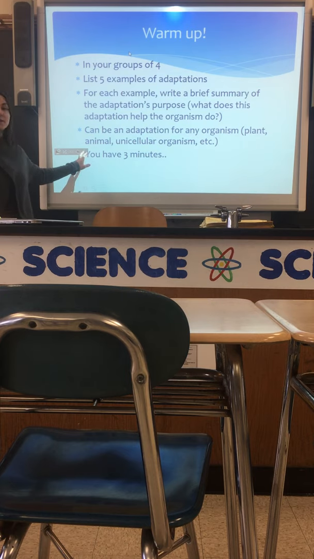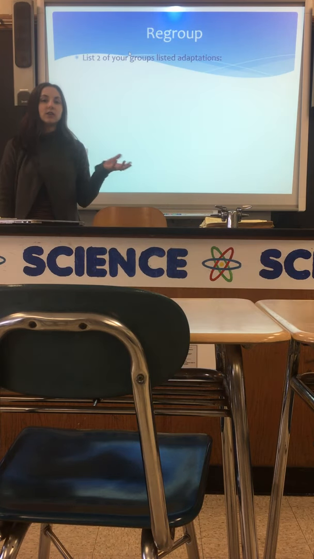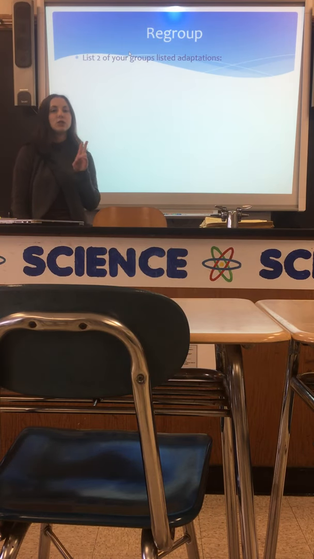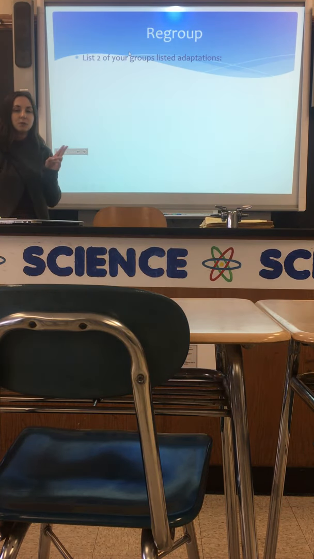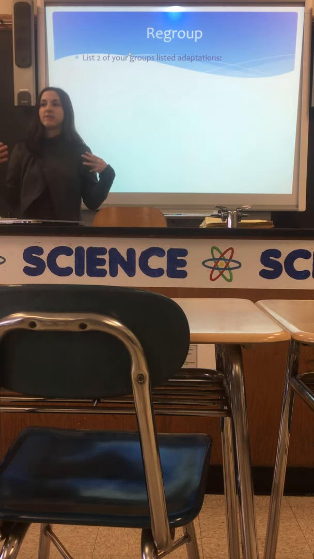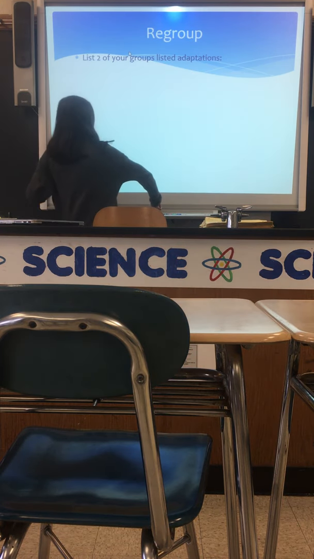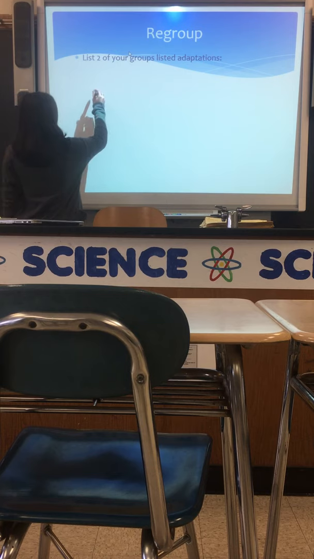Now I'm going to have you pick one person in your group to come up and write 2 of the ideas that your group came up with. You can write the adaptation, and then we'll have a brief discussion about what the purpose of your adaptation was. I'm just going to write one.